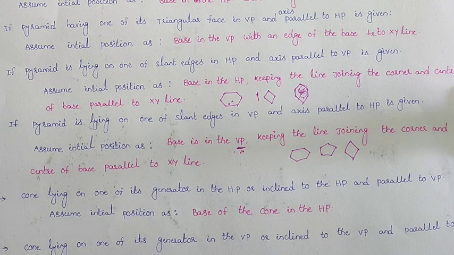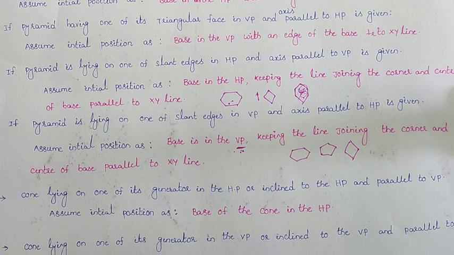But when the generator of the cone is in the VP, or the generator is inclined to the VP is given in the problem, we can assume in the initial stage the base of the cone is in the vertical plane. That means we will draw the front view of the base. So the front view of the cone looks like a square, and for a cylinder it looks like a circle. So the circle we will draw as the front view of our diagram.